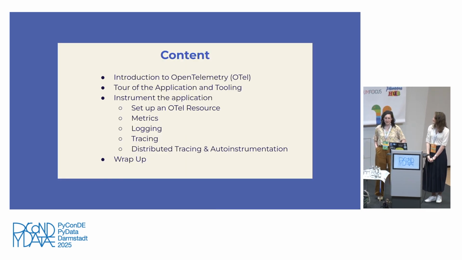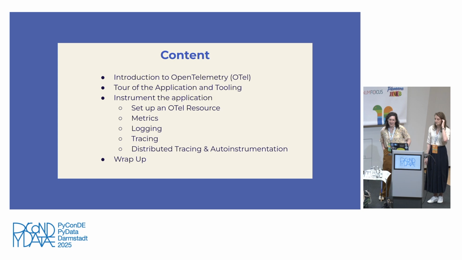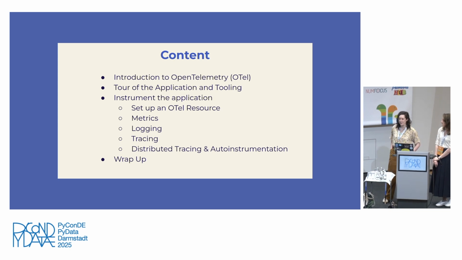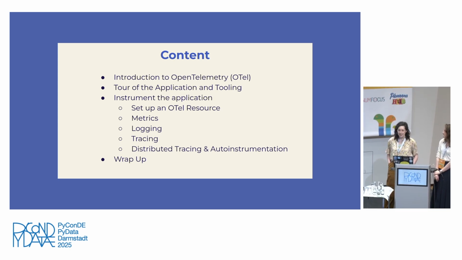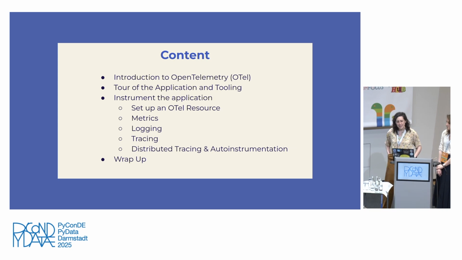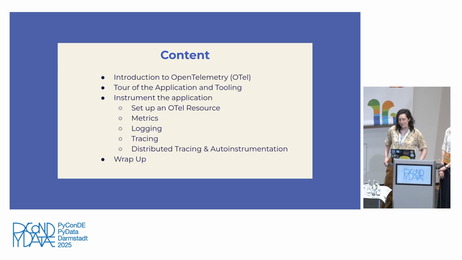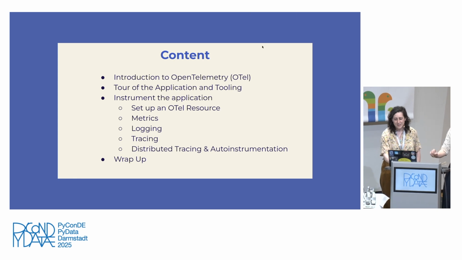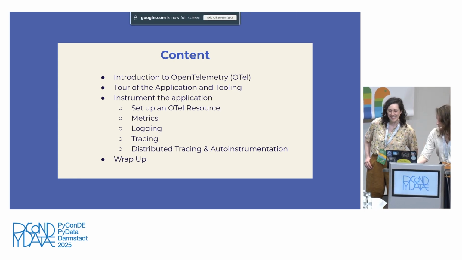For the structure of this agenda today, we're going to start with an introduction to OpenTelemetry, just a little bit about what it is, why you might want to use it, and why you should consider using it for observability. Then we're going to take a tour of the tooling and the application that we'll be working with. Then we'll get on to the more hands-on side of things.